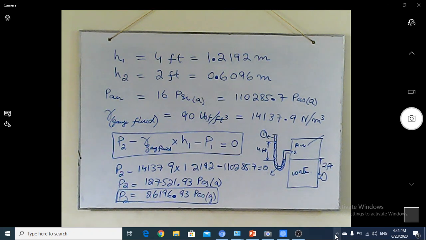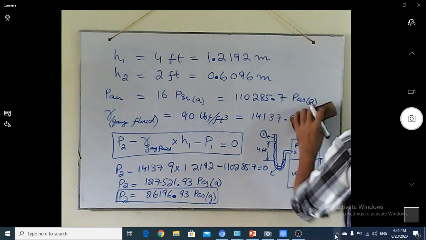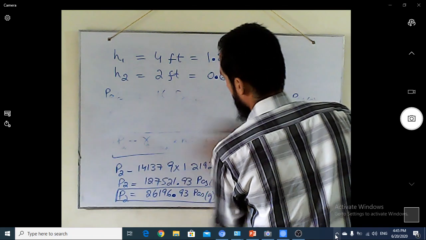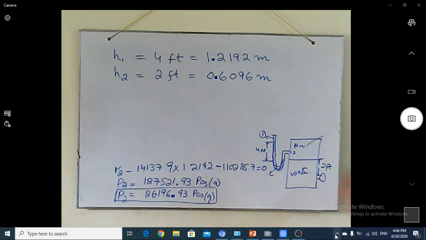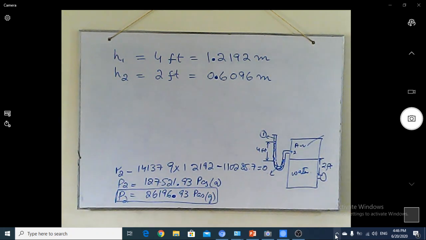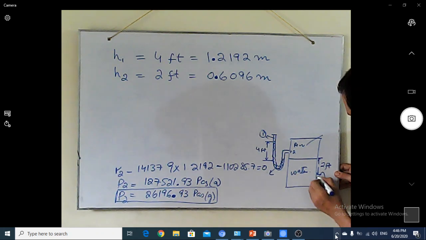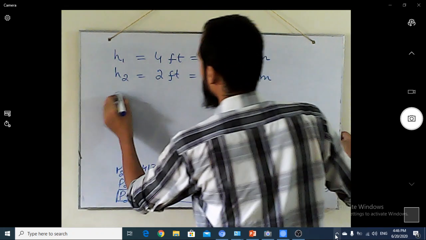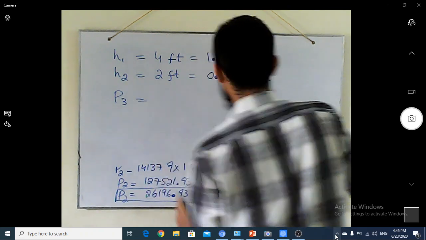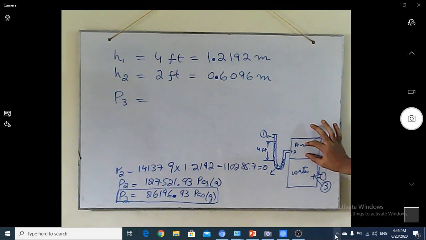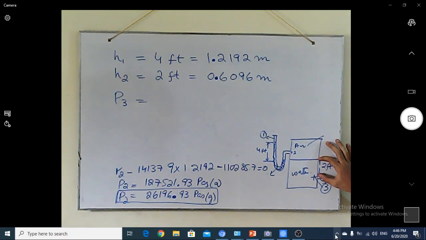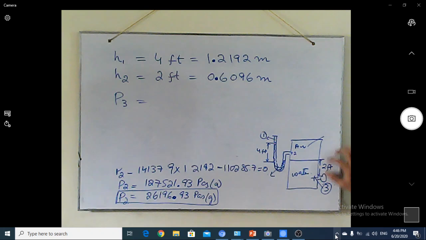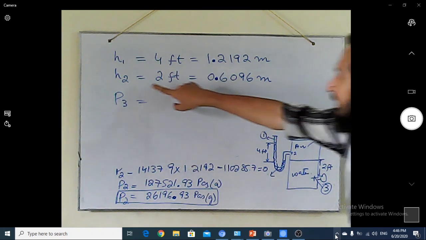After that, if we know the pressure at the upper part, the pressure at point 3 will be equal to the pressure of air plus the pressure developed by the liquid head or water head at that particular height, which we denote as S2.